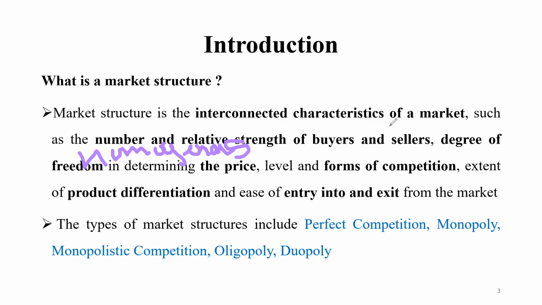They use different types of advertisements and promotions to promote their products. Not like onions or potatoes, where we cannot see any sort of advertisement for selling potatoes or onions. So here we can identify differentiation among products.